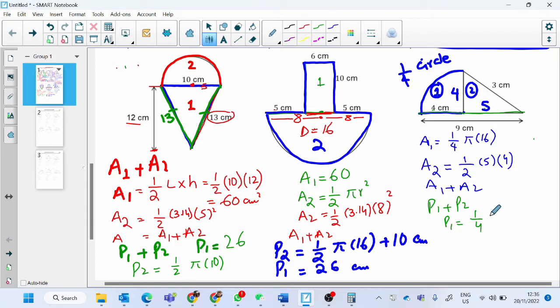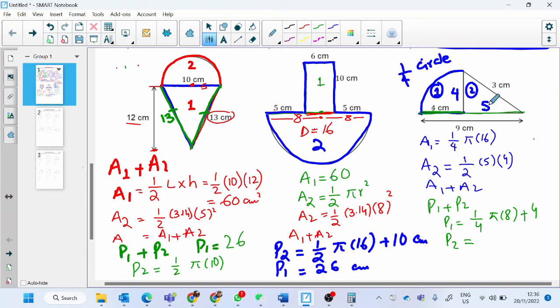So 1/4 pi times the diameter, which is 8, since 4 is the radius. And we have to add this length as well, the 4 which is outside, right? So plus 4. This will give us the perimeter of the first one.